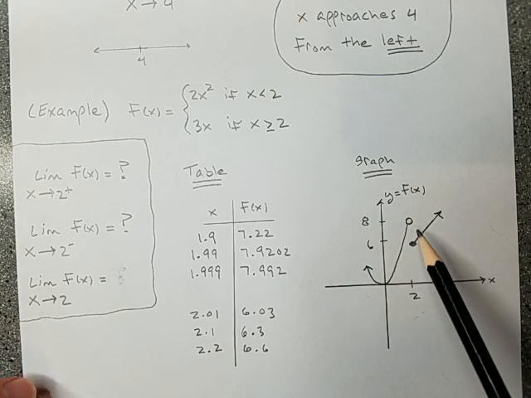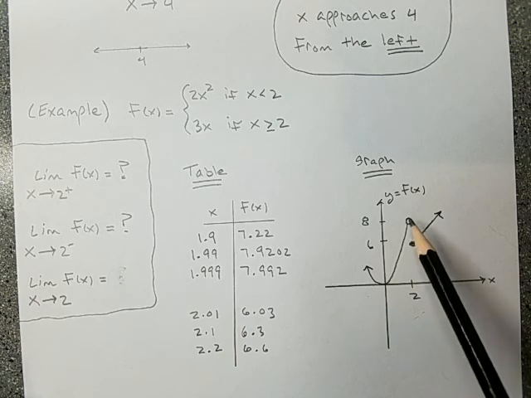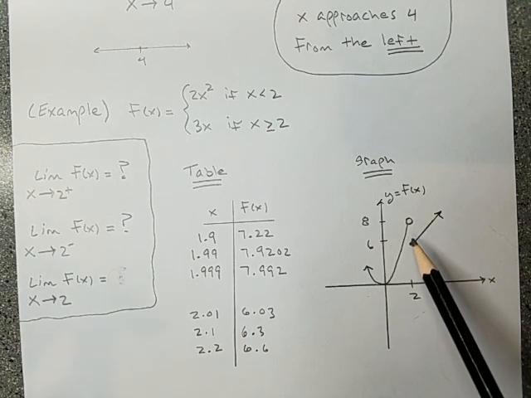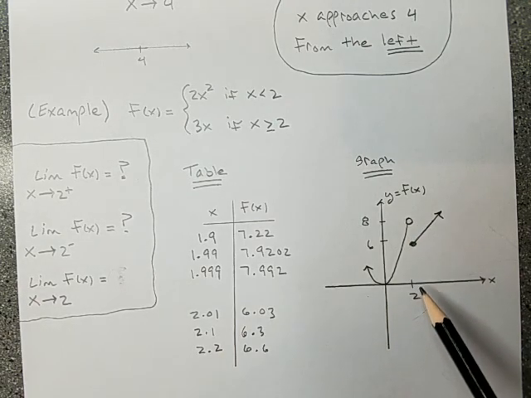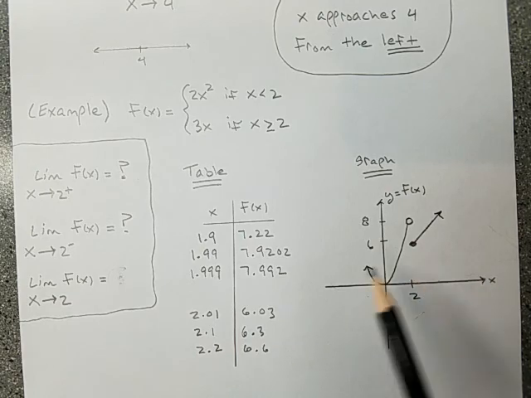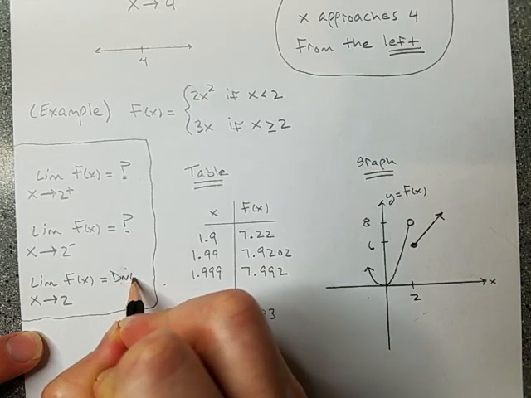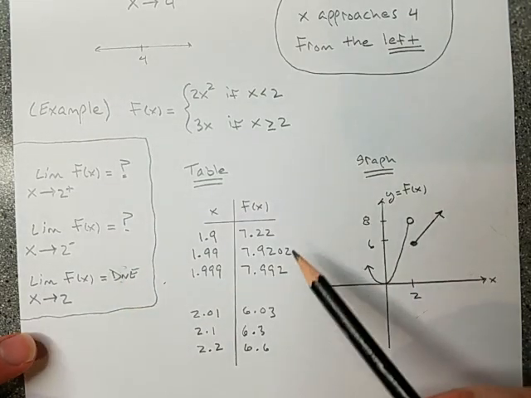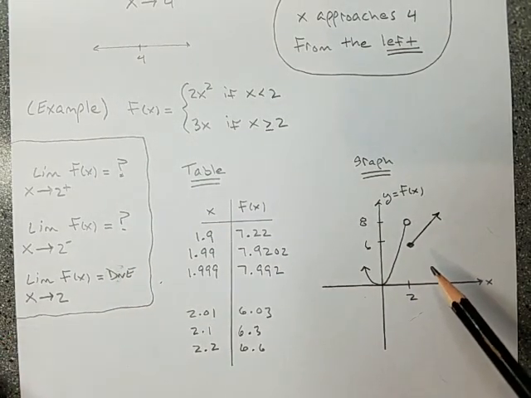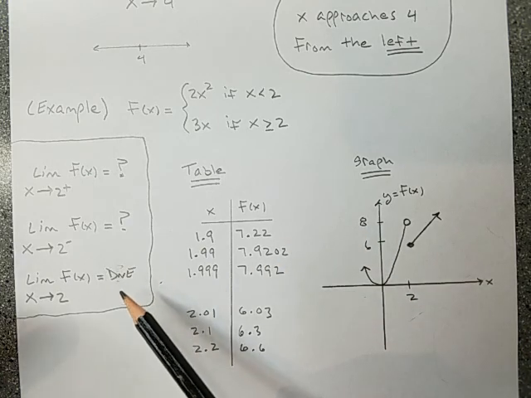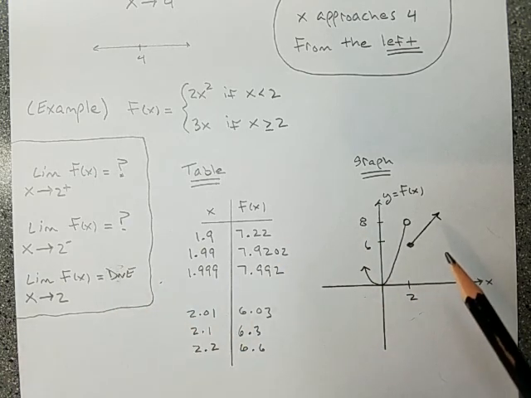Or we said if the graph had a break, what's called a jump discontinuity, at 2, that would mean that the limit as x goes to 2 does not exist. So either way you look at it, by the table or the graph, you can tell that the limit does not exist as x goes to 2, okay?